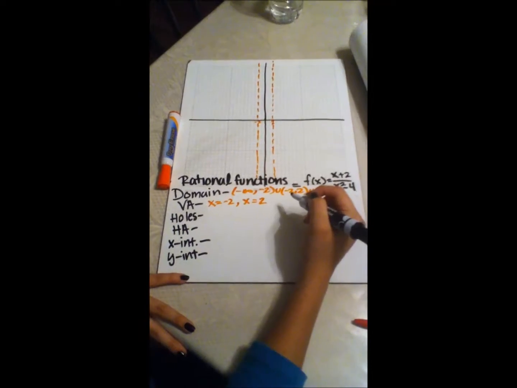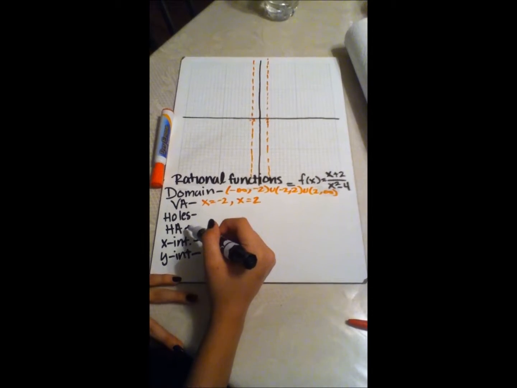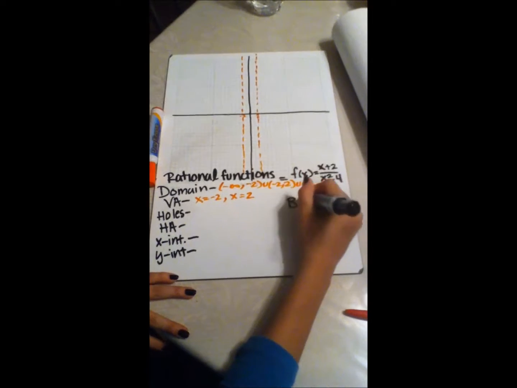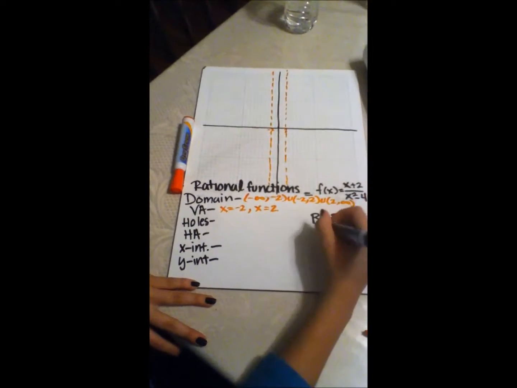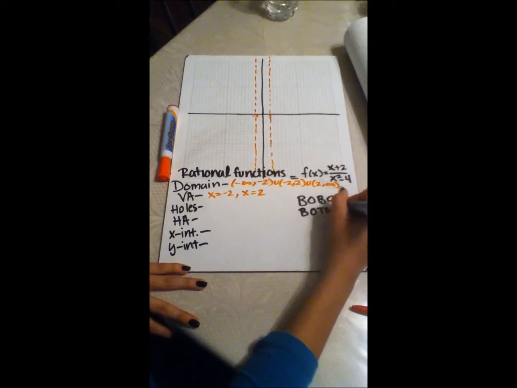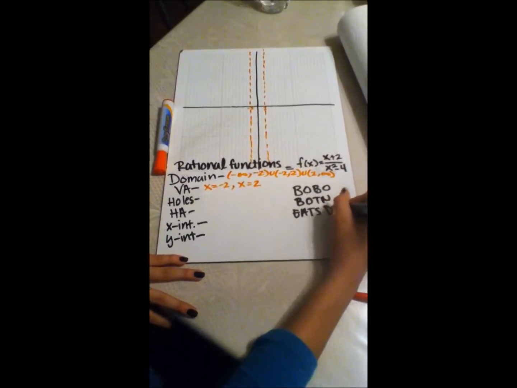Okay. Now we can start finding the horizontal asymptotes. To find the horizontal asymptotes, we have to remember that we use BOBO, BOTN, and EATS DC.